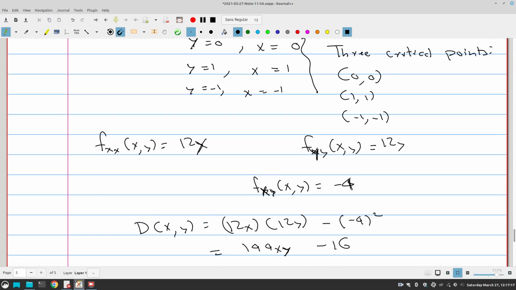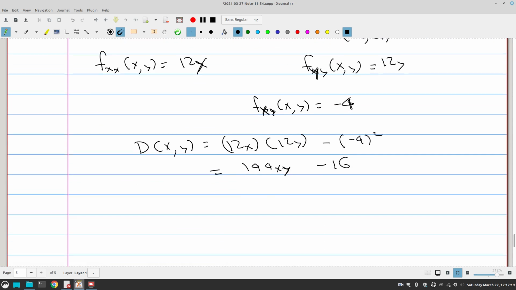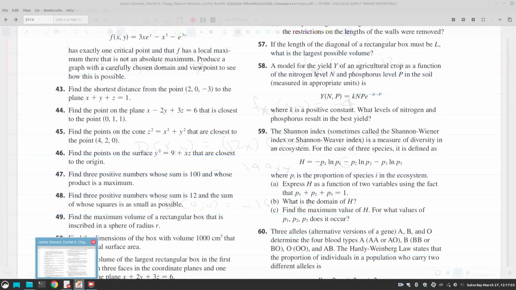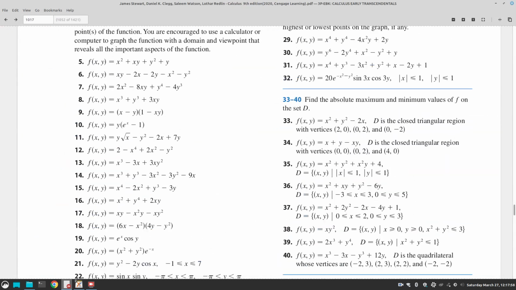So let's look at (0, 0). D of (0, 0) equals -16, which is less than 0. So by the second derivative test, the third case.